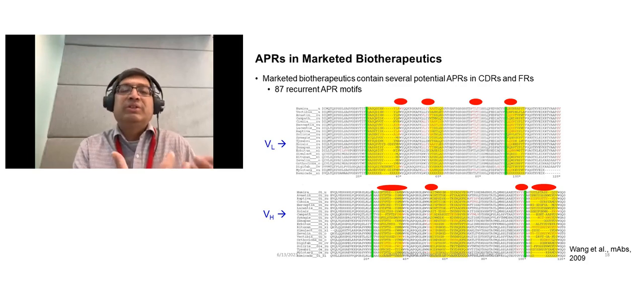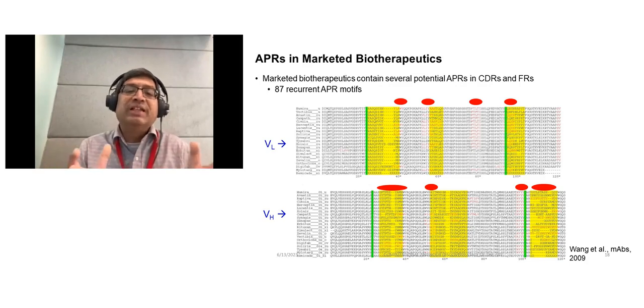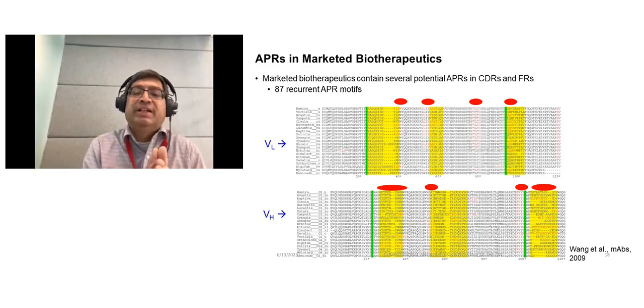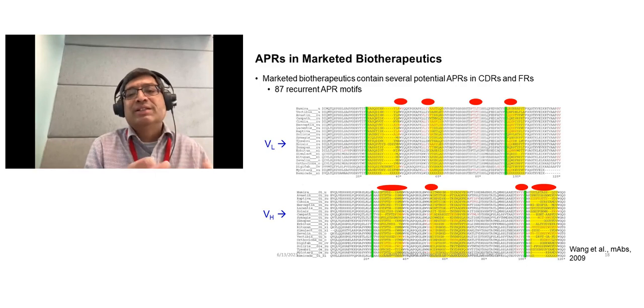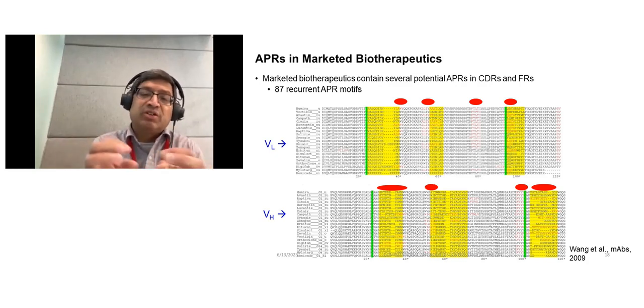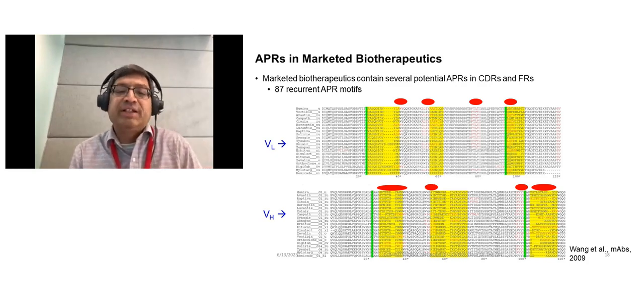And again, we found that these APRs are found at specific positions in antibodies, and typically those in the framework regions are buried and tucked away, so they are not developability risks. But sometimes the APRs that lie at the CDR and framework interface, or in the Vernier regions, could be quite deleterious for developability.